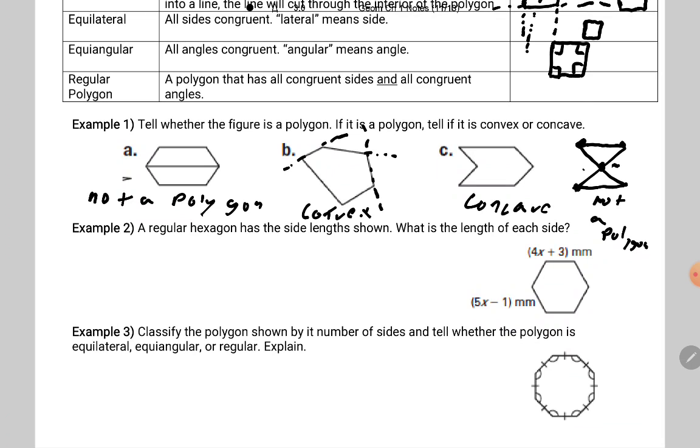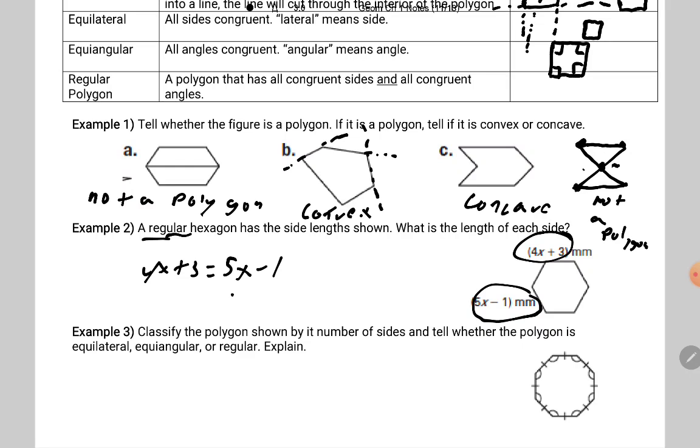A regular hexagon has the side lengths shown. What is the length of each side? So regular means all the sides are the same length, all the angles are the same. So we're just going to use the fact that all the sides are the same. So this is equal to that. So 4x plus 3 is equal to 5x minus 1.